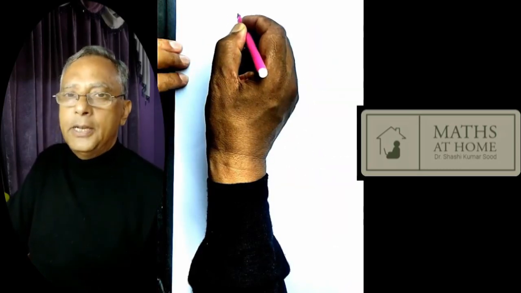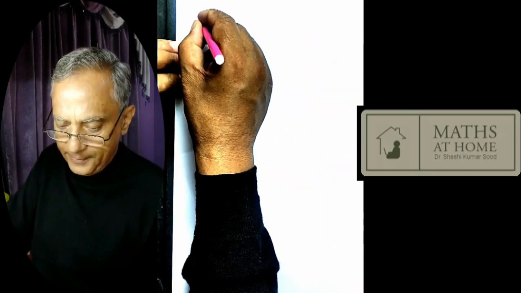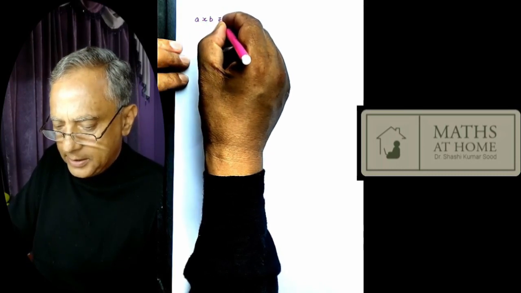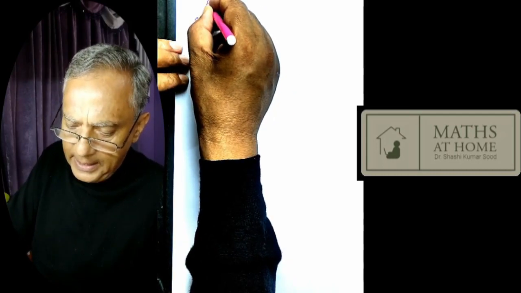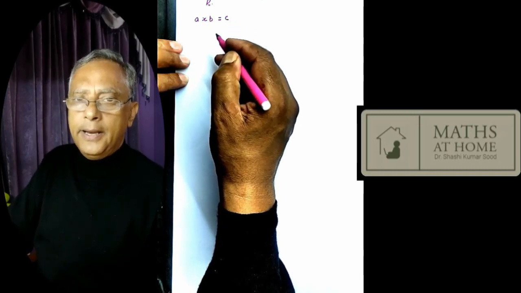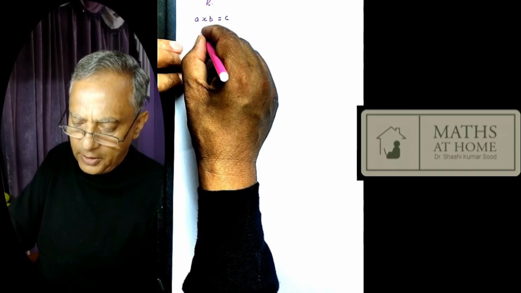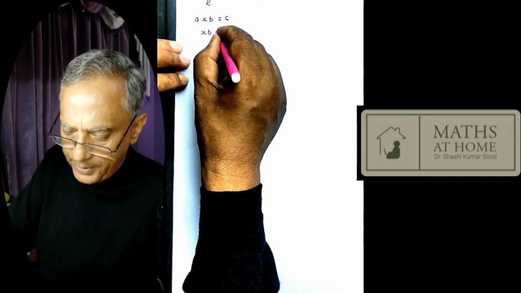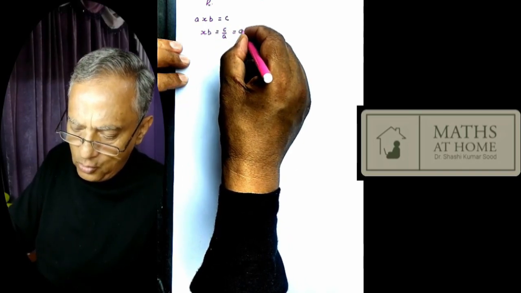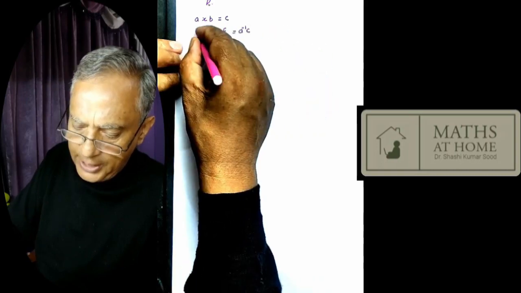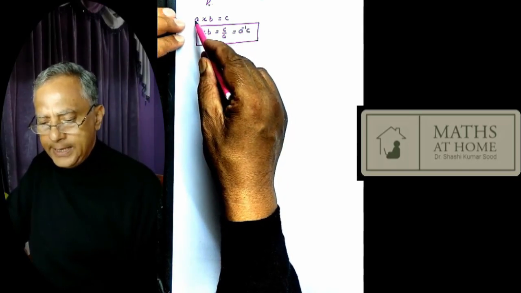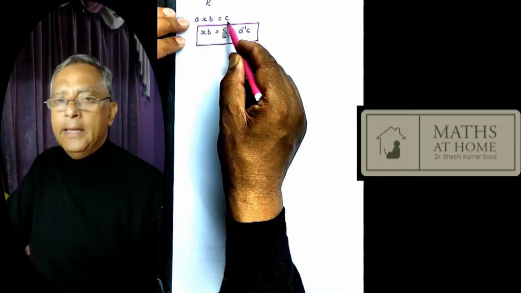And now I consider a very simple equation. Say A x b is equal to c. This is in real numbers. A, B, C, X are all real numbers. Now in order to solve this equation, what we do is we write X into B is equal to C by A is equal to A inverse C. Now what we are doing is we are taking A to the right hand side.